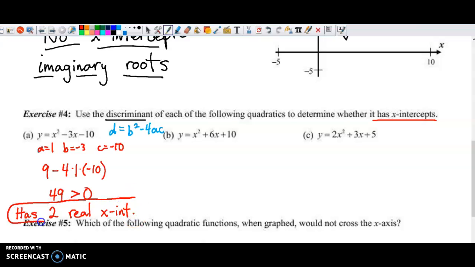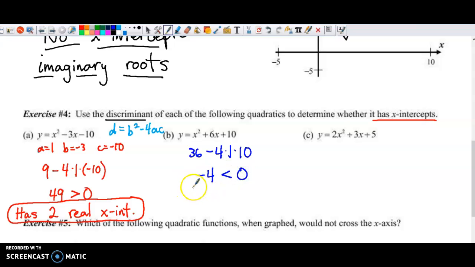And the reason why I like to point out that they're real is to distinguish between the fact that they're imaginary. So if I go to the next problem, again, just working it out, b squared, so b is 6, so 6 squared is 36, minus 4 times the a value is 1 times the c value is 10, 36 minus 40 is -4. What I care is that that's less than 0.